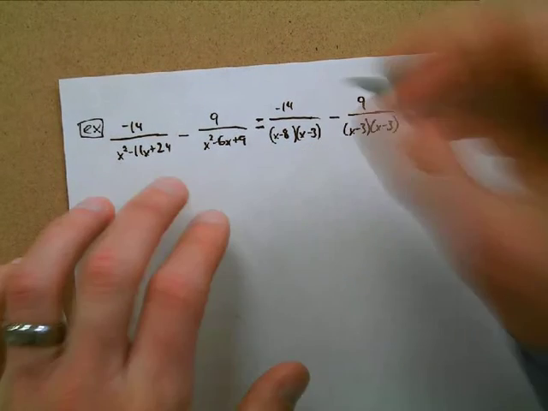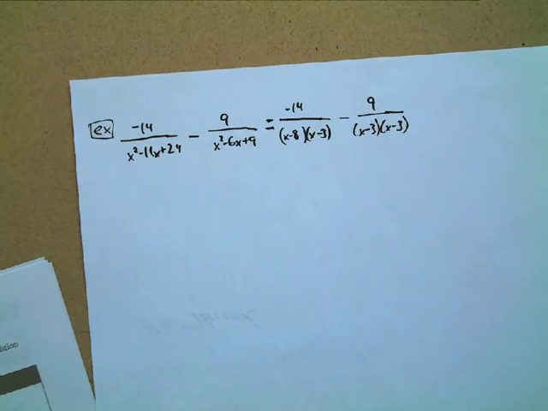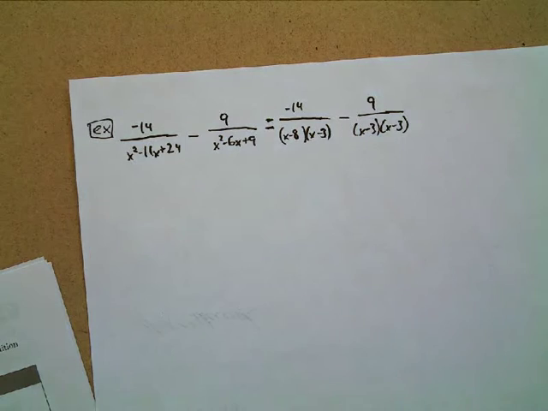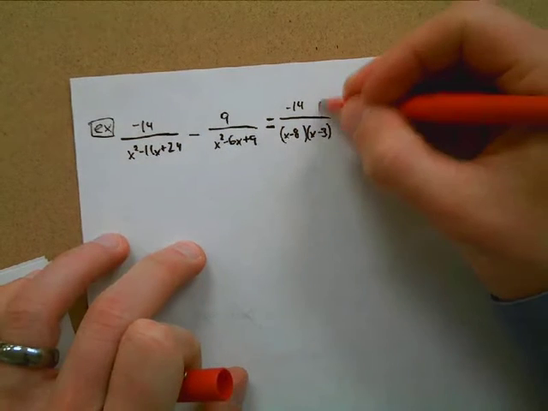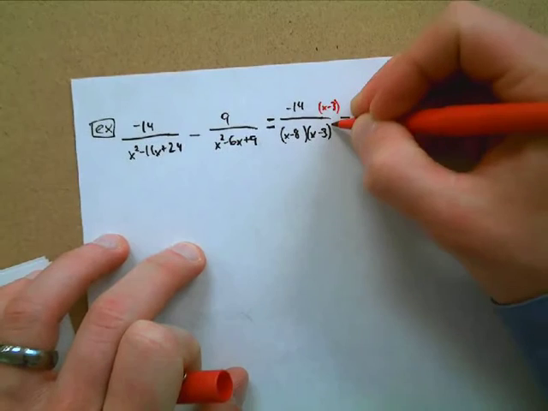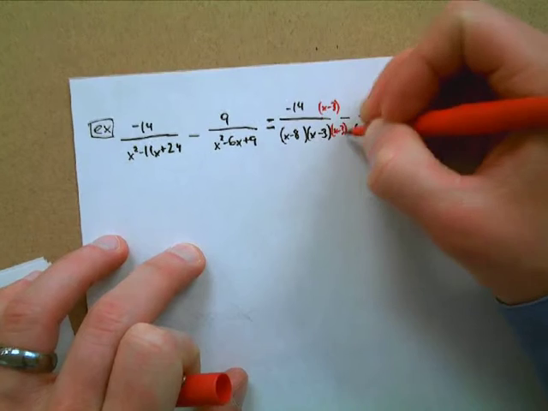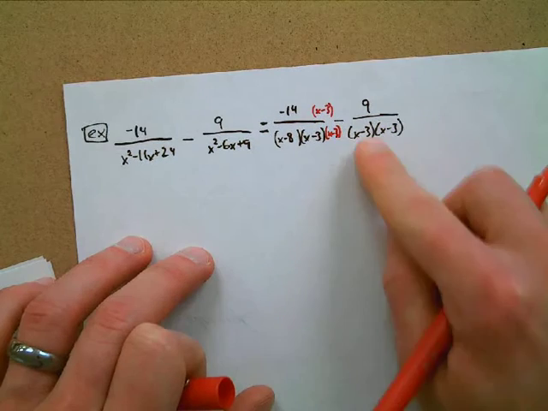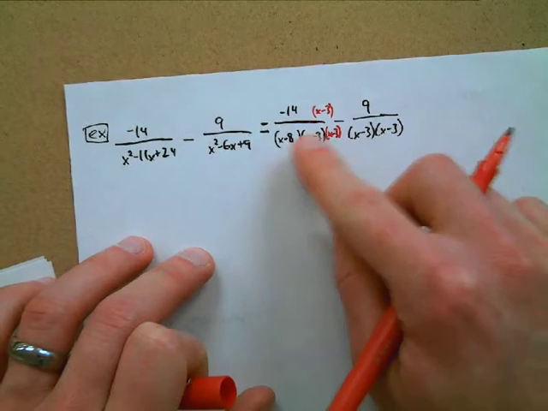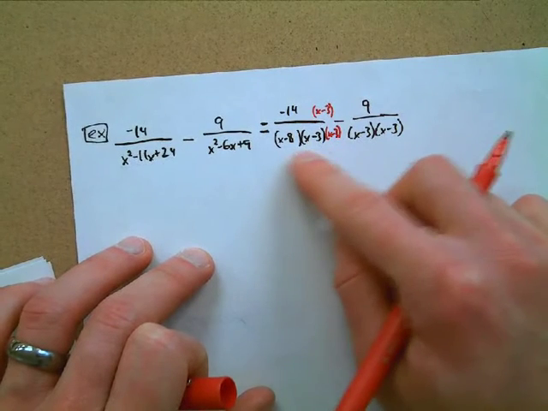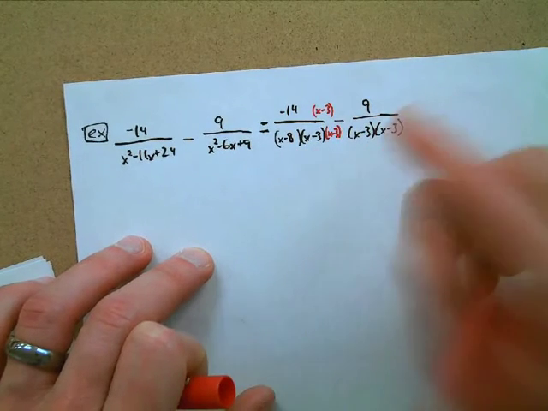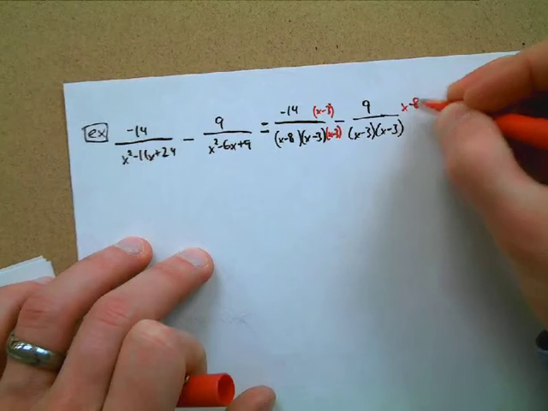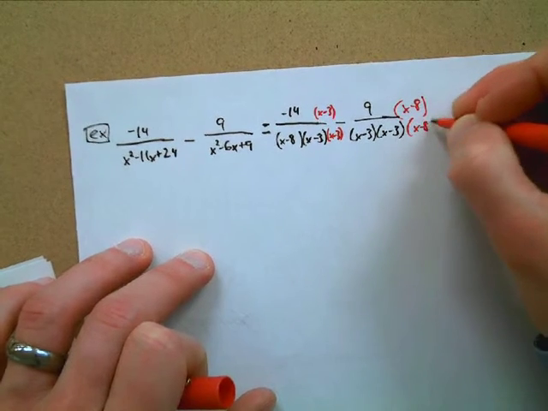So we're going to multiply this first denominator and numerator by x minus 3 and x minus 3. And then what is this denominator missing that this denominator has? An x minus 8. So we'll multiply the top and bottom by x minus 8.